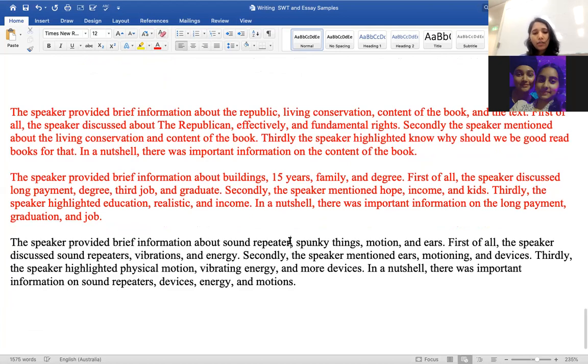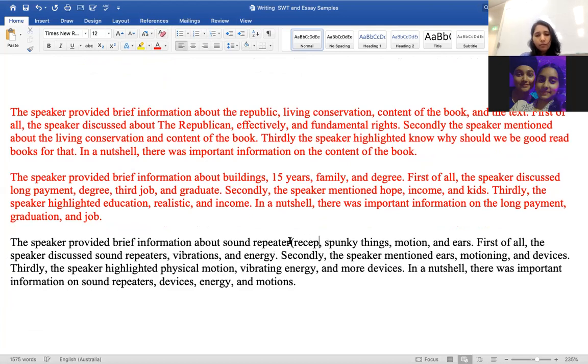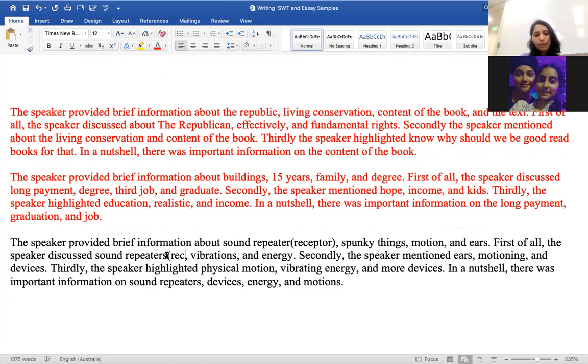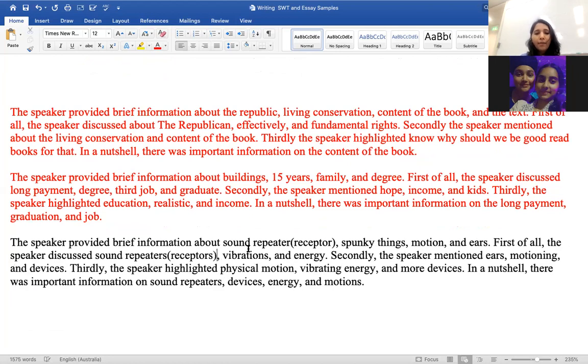I think the answer was receptor. Spunky things, motion and use. First of all, the speaker discussed again sound receptor. Vibrations and energy. Secondly, the speaker mentioned ease, motioning, and devices. Thirdly, the speaker highlighted physical motion, vibrating energy, and more devices. In a nutshell, there was important information on sound receptors, devices, energy, and motions.